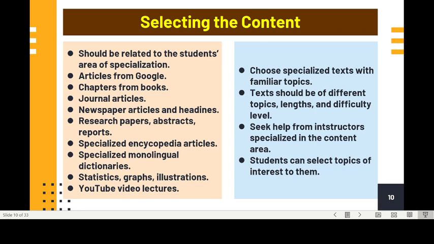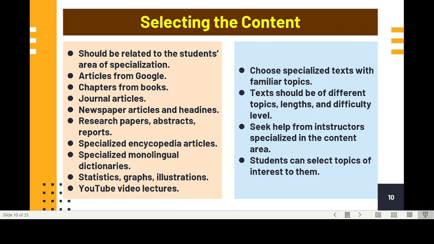Now, we should teach engineering students together, chemistry students together, economics students together, so that we give engineering students engineering text to read, chemistry students chemistry text to read, textile industry students textile industry text to read, and so on. So, the material the students read or they talk about or they listen to should be related to their area of specialization.